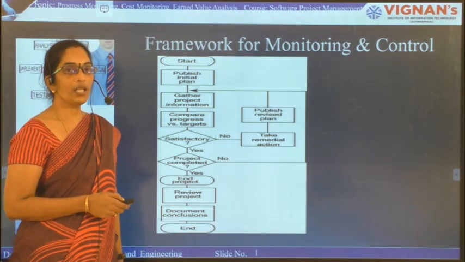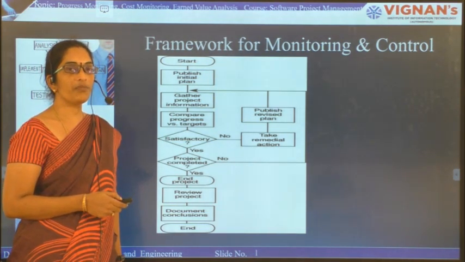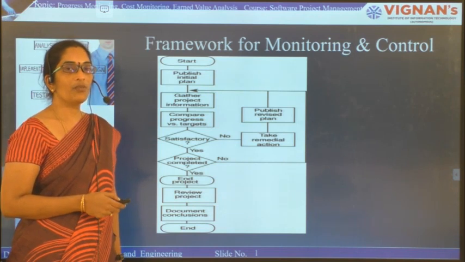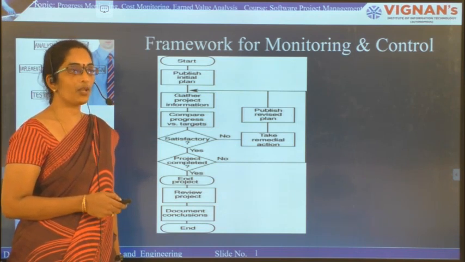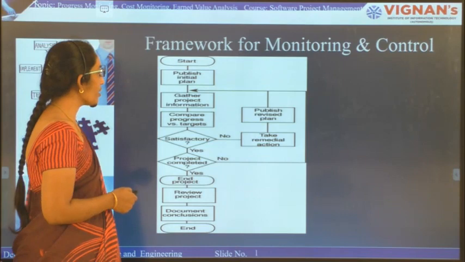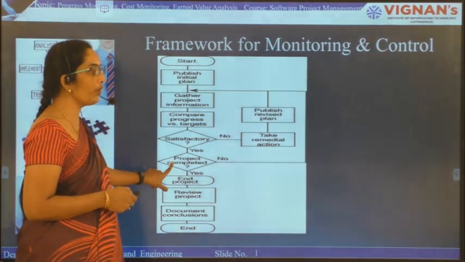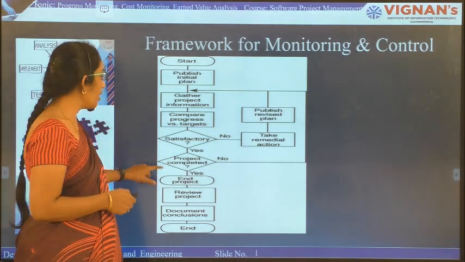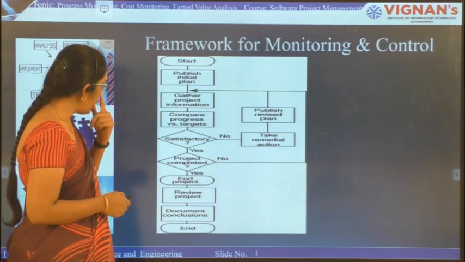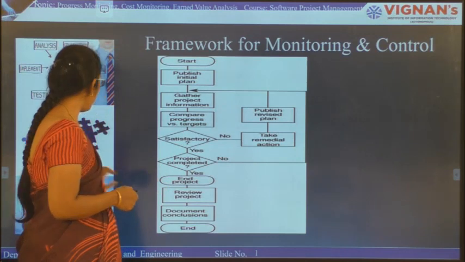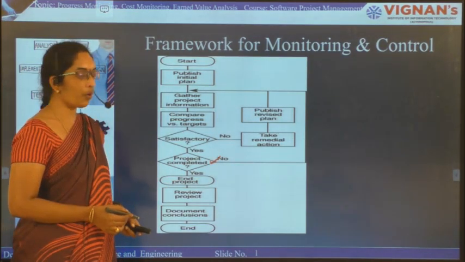That means here we will fix some targets and test whether we are reaching those targets or not. If we are satisfied with the targets, then we will move to the next step where the project will be completed. If the project is well completed, then we will end the project.